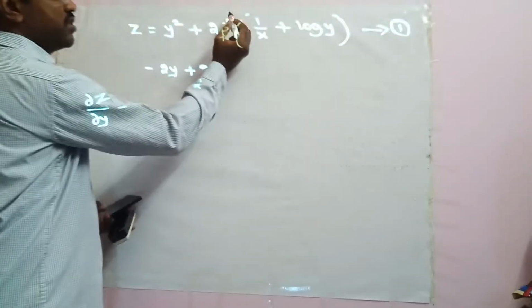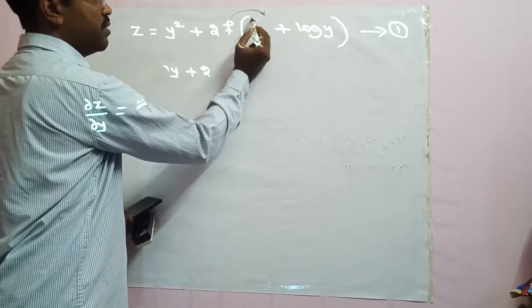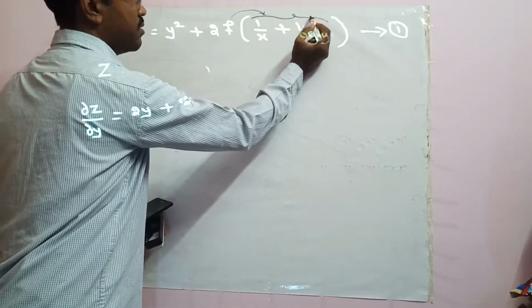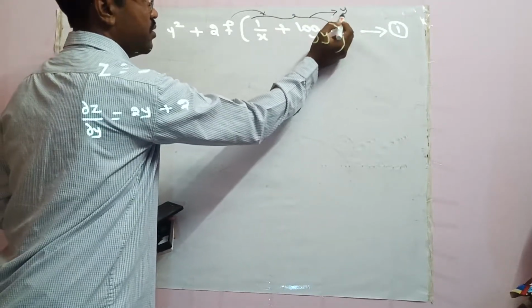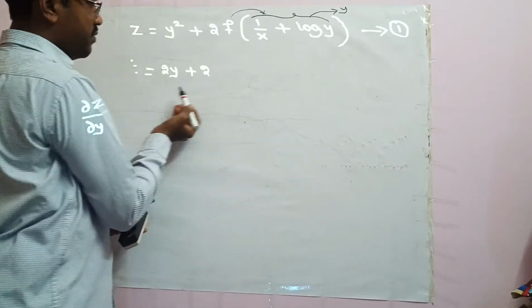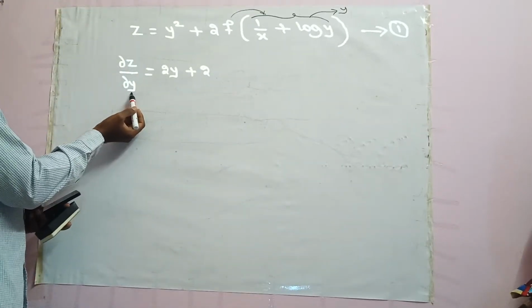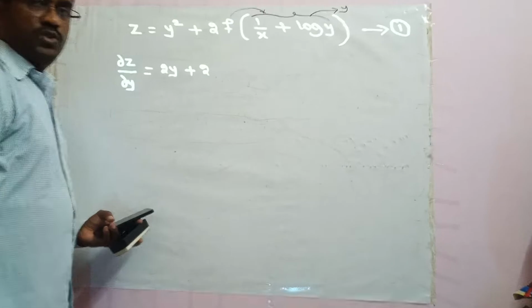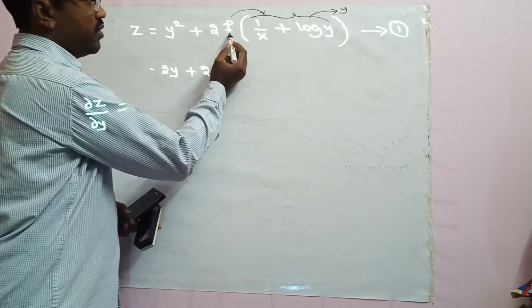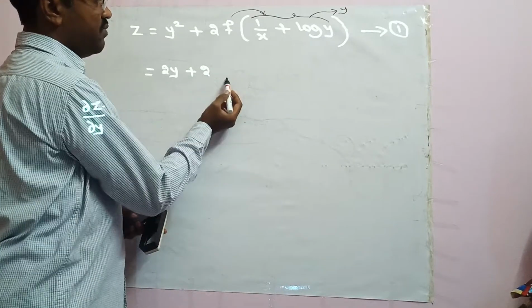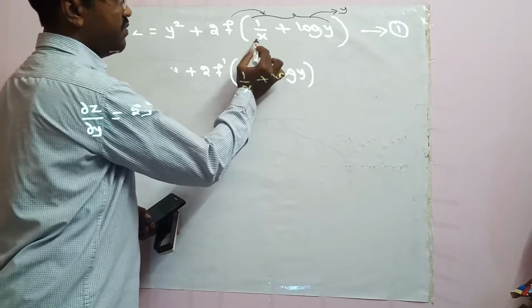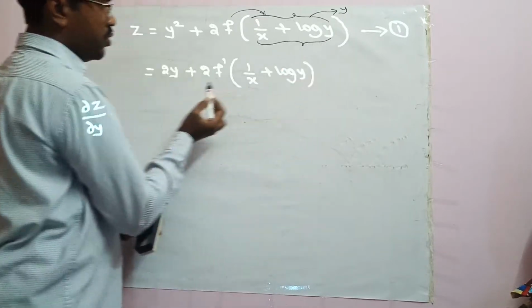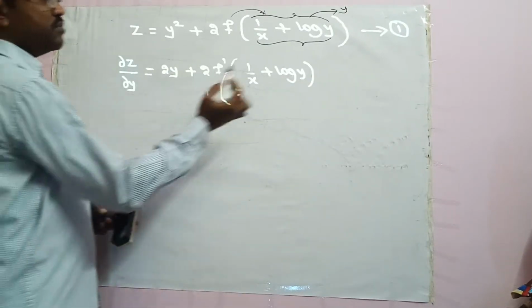Now function of a function, this function depends on this and this depends on y, because we are differentiating with respect to y. So we need to use the chain rule. What is the differentiation of f? f dash.